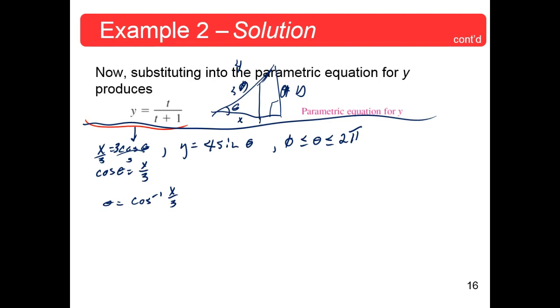Let's see, go on what I was doing before. y is equal to 4 times the sine of the inverse cosine of x over 3. Now, does that help us in any way?